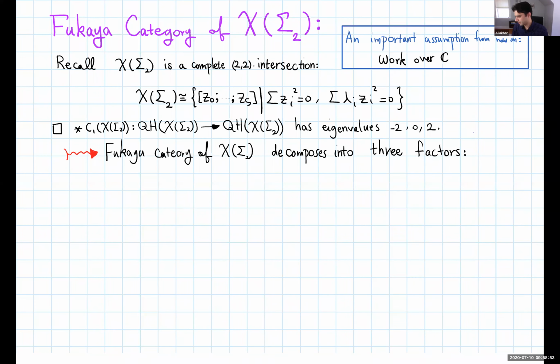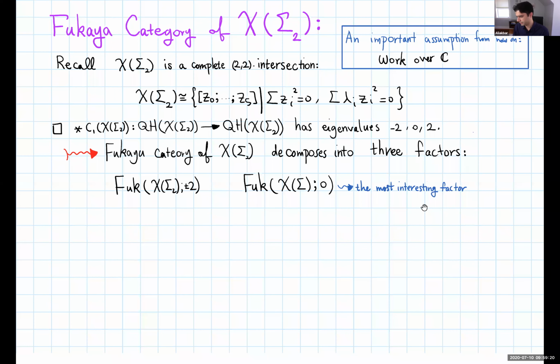It's well known that once you have this, we are in the monotone setup and we get a decomposition of our Fukaya category into 3 summands, one summand for each of these eigenvalues. So you have the summands for eigenvalues plus or minus 2, and then the summand of the Fukaya category for eigenvalue 0, and this one is supposed to be the most interesting factor.